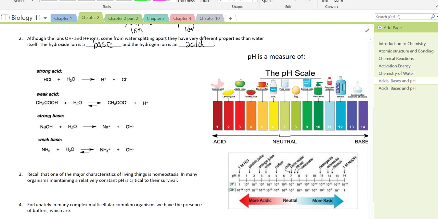Here are some examples of strong acids. We have this substance here, HCl, hydrochloric acid. When you combine it with water, the water is the solvent and it dissolves the hydrochloric acid and produces H plus and Cl minus. Because H plus is produced in the solution, there's our acid that we were talking about.